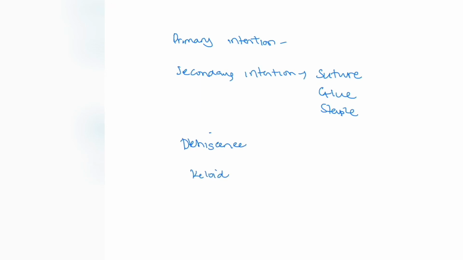So keloid is the formation of excessive scar, and this is due to an increase in the rate of collagen synthesis. So sometimes a lump that you see on a person's ears after piercing may be due to excessive scar formation, and this is called keloid in medical terms.